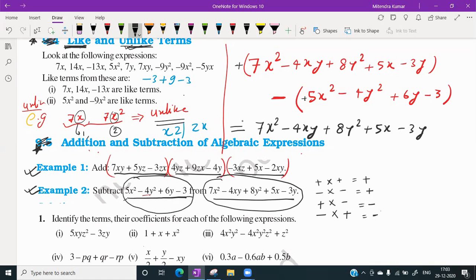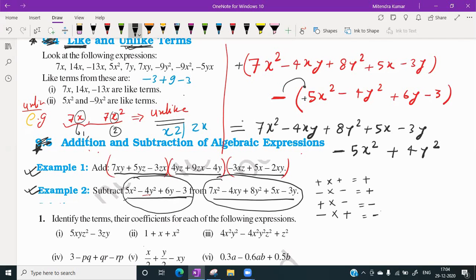तो वैसे ही ये जब ब्रैकेट ओपन करेंगे यहाँ पे, तो इट्स लाइक मल्टीप्लाई, यू हैव टू डू द मल्टीप्लाई. तो इफ यू माइनस से मल्टीप्लाई करेंगे तो क्या होगा? साइन चेंज होगा, है ना? तो ये प्लस है और ये माइनस है, तो क्या हो जाएगा? -5x². If you multiply this minus with this minus, it will become plus 4y².